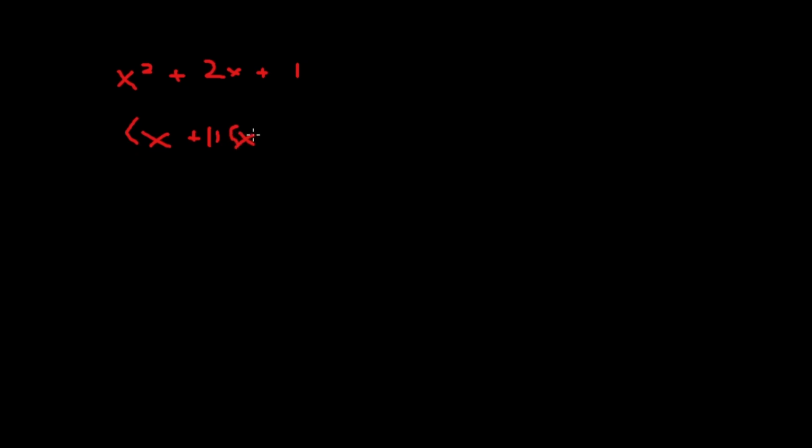And if we wanted to double check, or just understand why x plus 1 times x plus 1 gives us this, you just multiply. X times x is x squared. X times 1 is x, so plus x. 1 times x is plus x again.